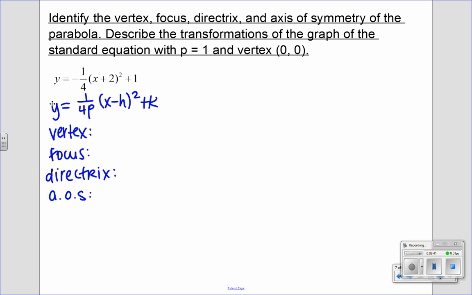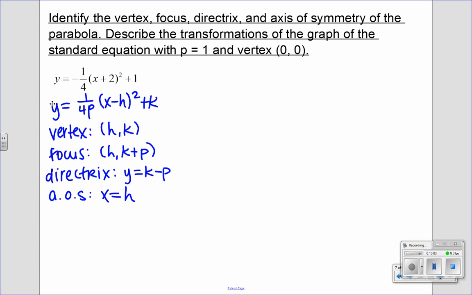Okay, so for all of these, I'm going to show you how to get them. Our vertex is at (h, k). Our focus is at (h, k plus p). Our directrix is y equals k minus p, and our axis of symmetry is x equals h.